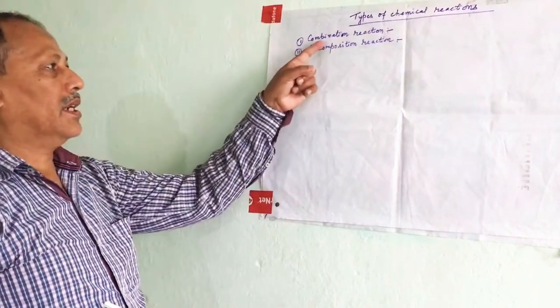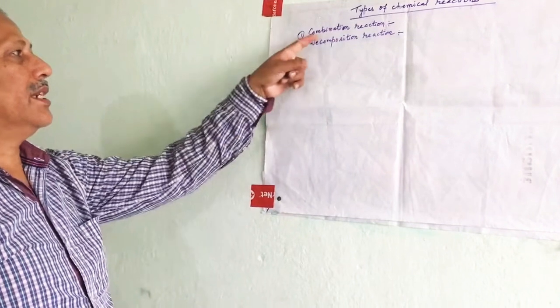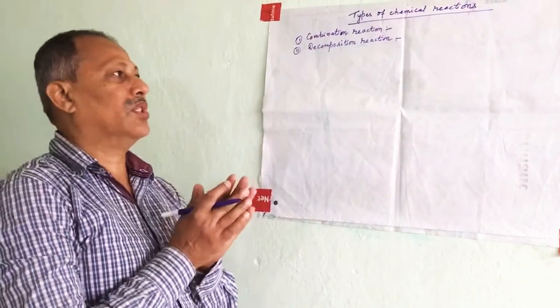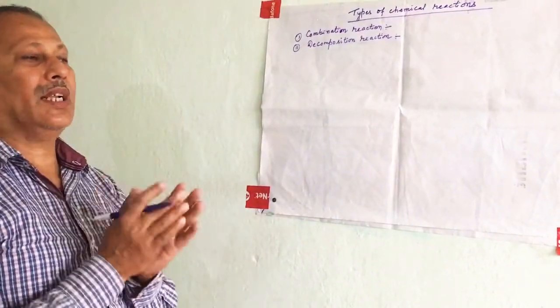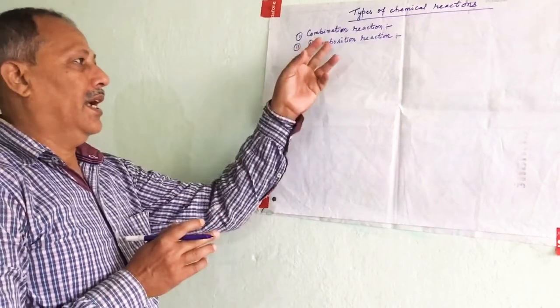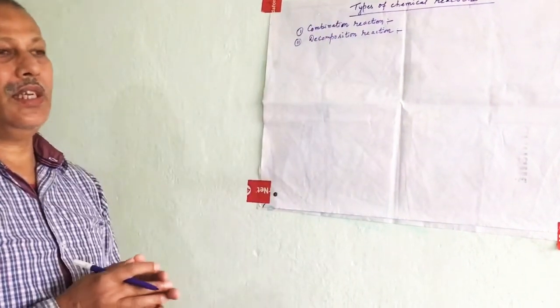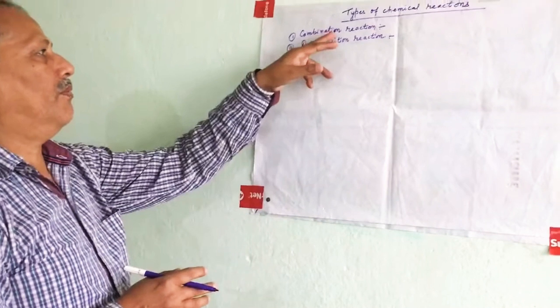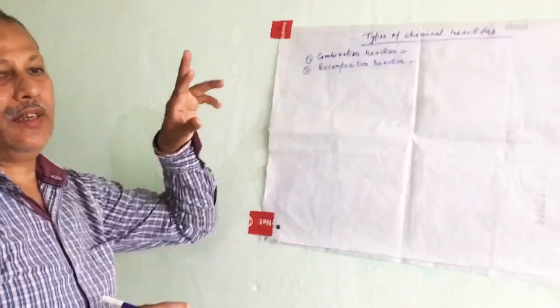As the combination reaction indicates the combination of two or more substances to form a single substance, this decomposition reaction is just the opposite of the first one, that is, the combination reaction.